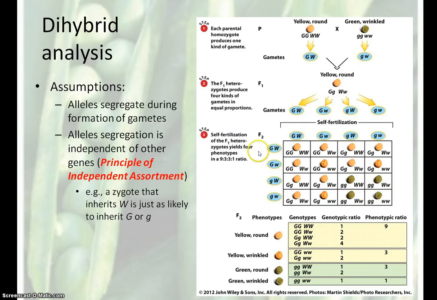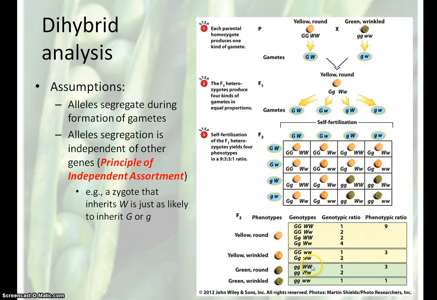So again, we can make this square here, which is called a Punnett square, which we'll also get back to in a little bit, where we have the four possible gametes, similar to the square that we saw previously with the monohybrid crosses. And if we marry up these boxes here, we find the different genotypes for each possible combination of gametes, as well as the possible phenotypes.